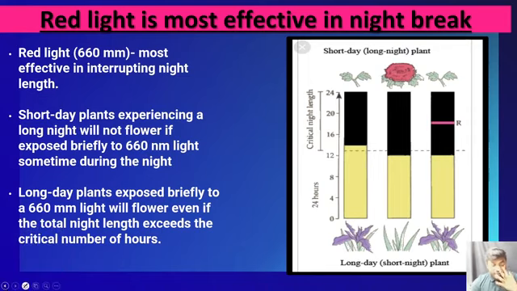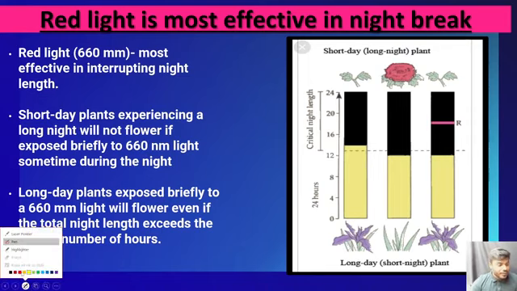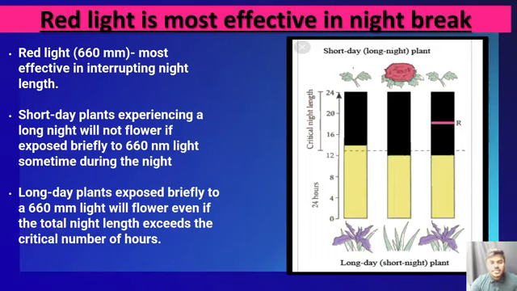Okay, listen to me very carefully. If you look into the diagram, friends, short day plant is the long night plant. Everyone look into the picture carefully. This is the first diagram, second diagram and the third diagram. Now you tell me, friends, in the first diagram which is more? Which length is more, friends? Obviously day length is more.